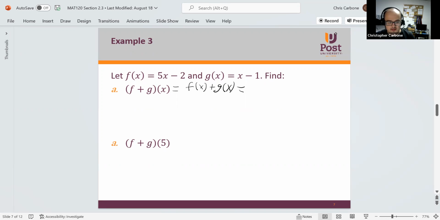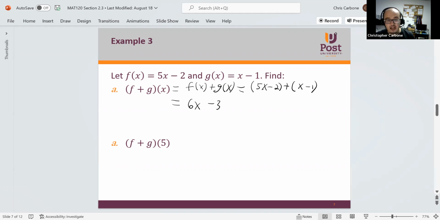Based on the two functions, this would be 5x minus 2 plus x minus 1. And we could combine like terms there: the 5x and the x to make 6x, and the negative 2 and the negative 1 to make minus 3. So 6x minus 3 would be that particular function.